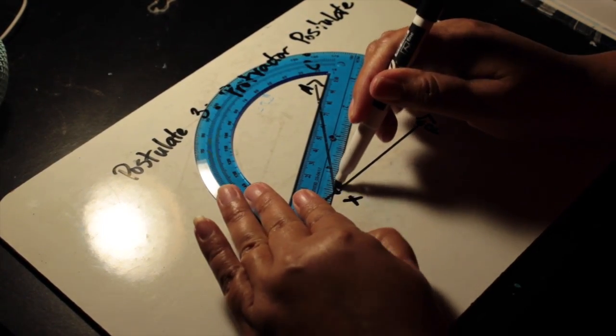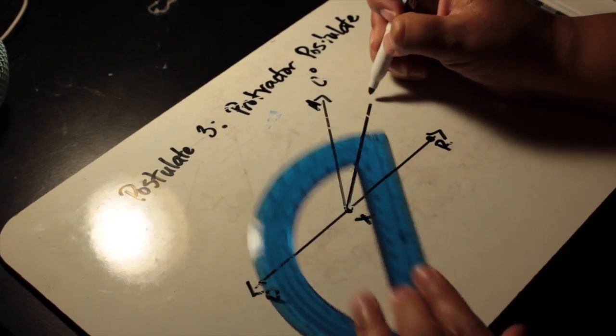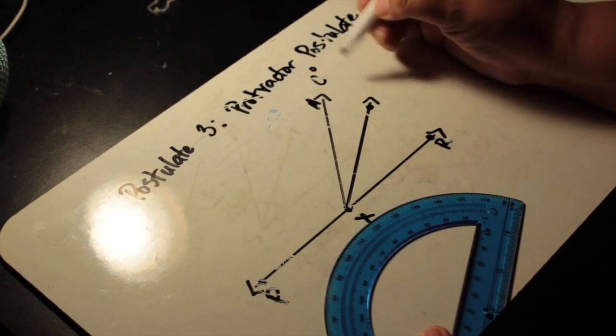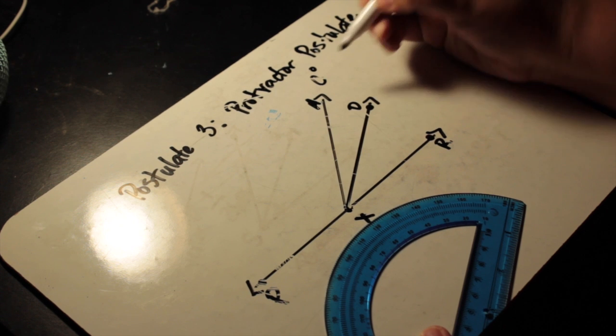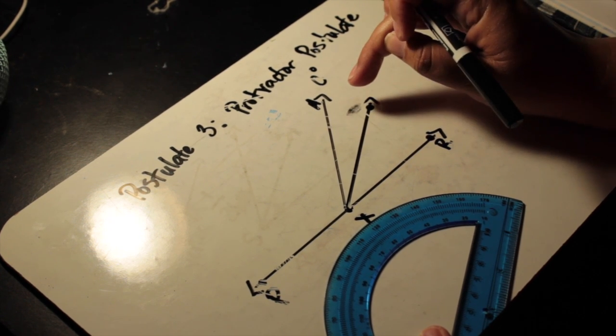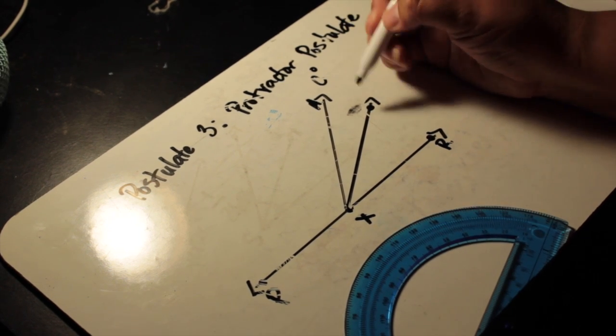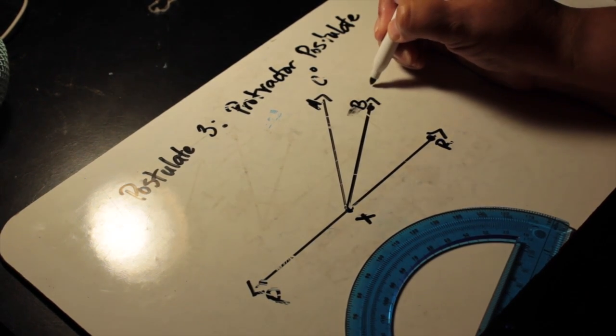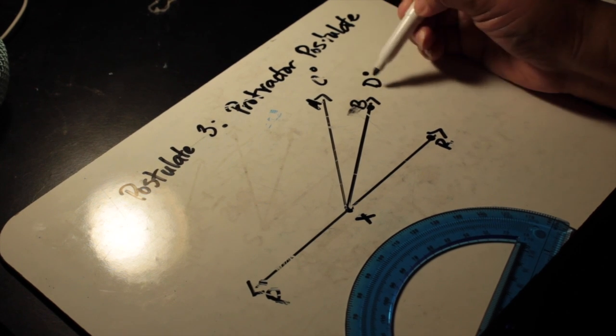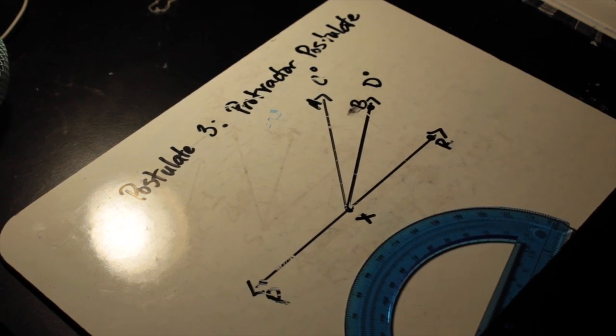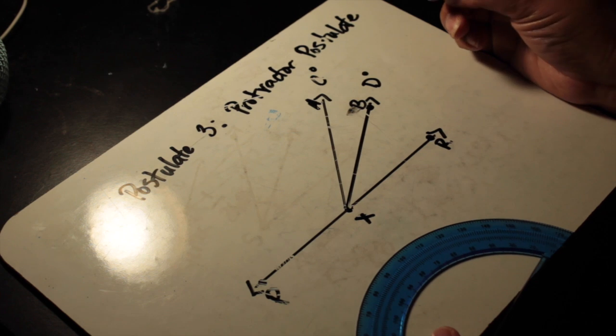We're going to call this endpoint over here B, and this is D degrees. C and D representing a number of degrees.